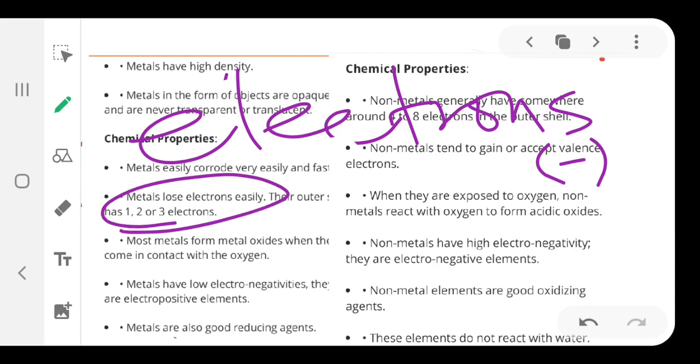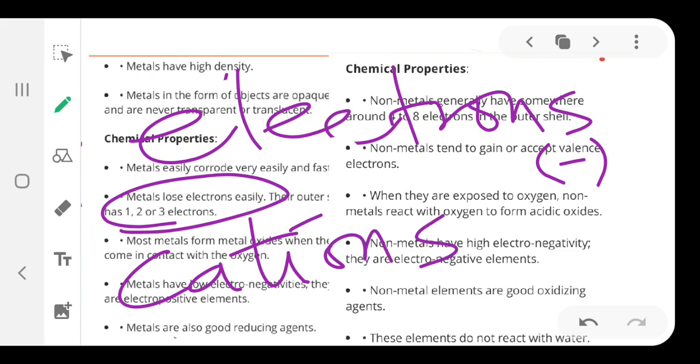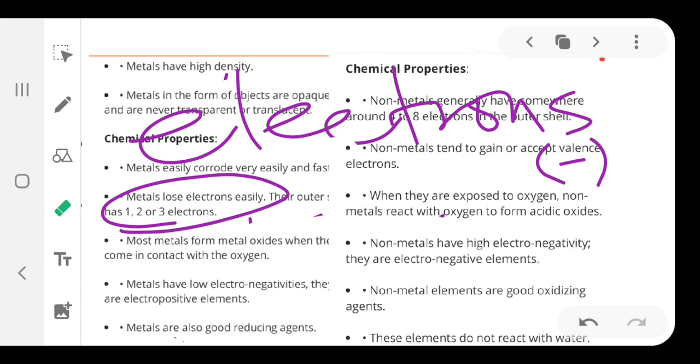When metals lose electrons they form something called cations, which you have to learn, cations. Write down this note in your respective copies. In the case of non-metals, because they gain, they receive electrons, they form anions.